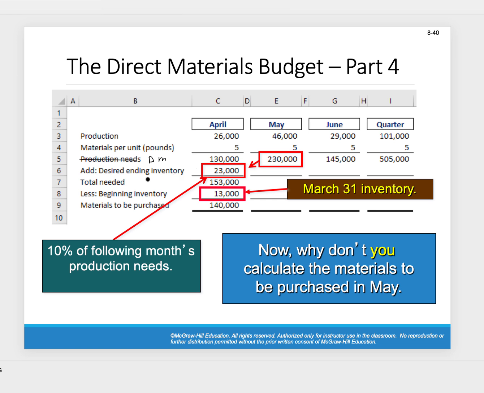I then add in my desired ending inventory. That gives me the total amount of direct material that I need. I subtract out my beginning materials inventory. That gives me the materials to be purchased. So I would write down this formula, because this is going to help us out whenever we go ahead and do those problems. Okay?